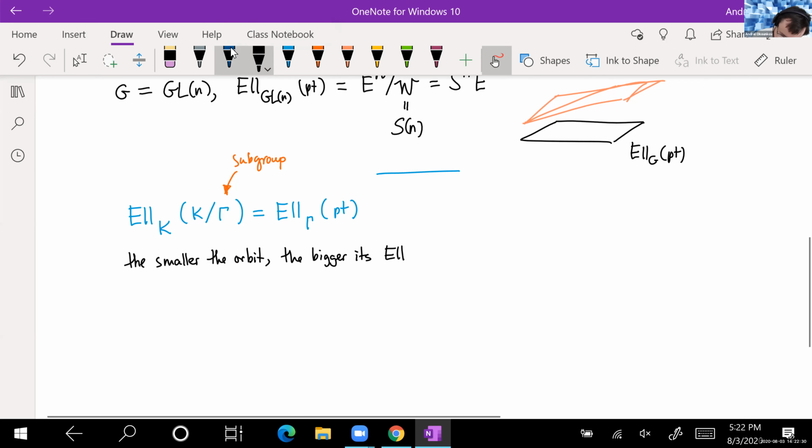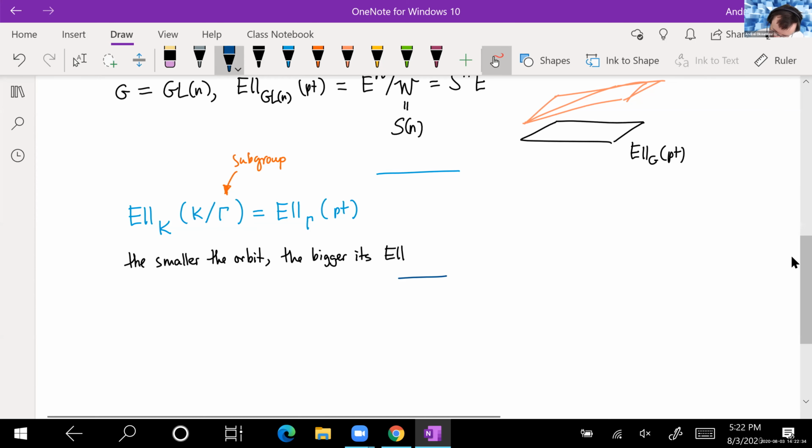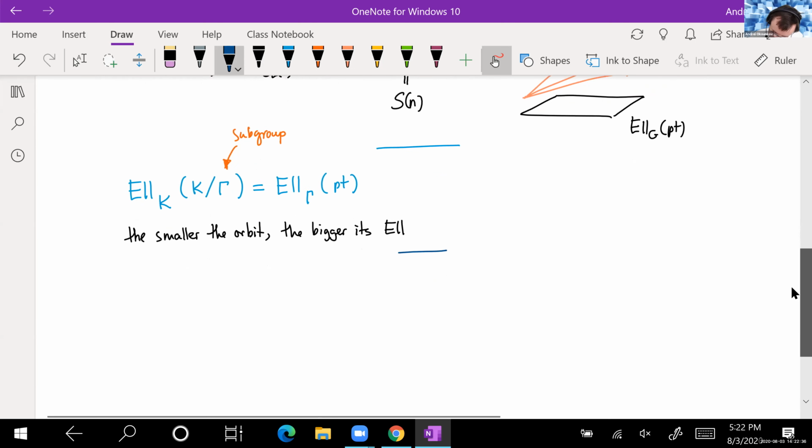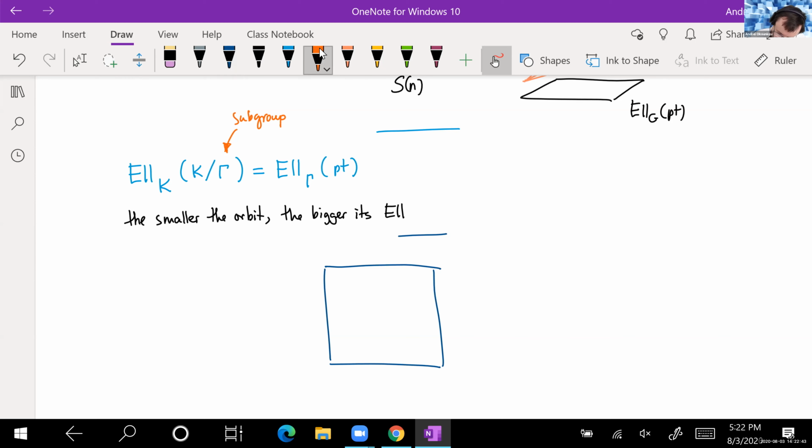So for every space X, this is my X. And if I have an orbit, there's always an equivariant map, which is just the inclusion of that orbit.